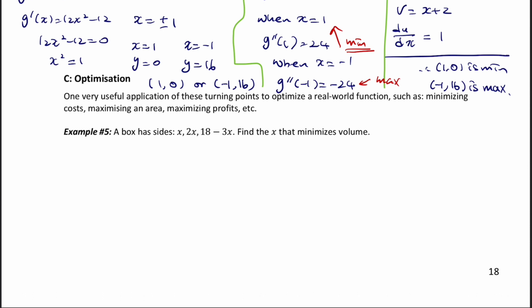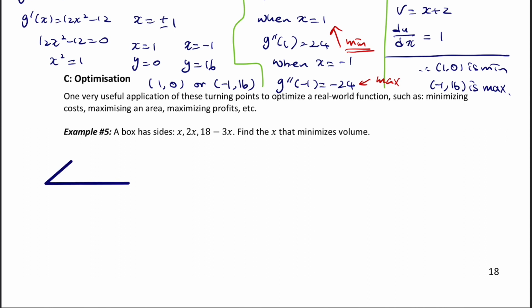One very useful application of these turning points is to optimize a real-world function, such as minimizing cost, maximizing an area, or maximizing profits, and so on. If you look at example number 5, we have a case of a box, right? So let's draw a box.